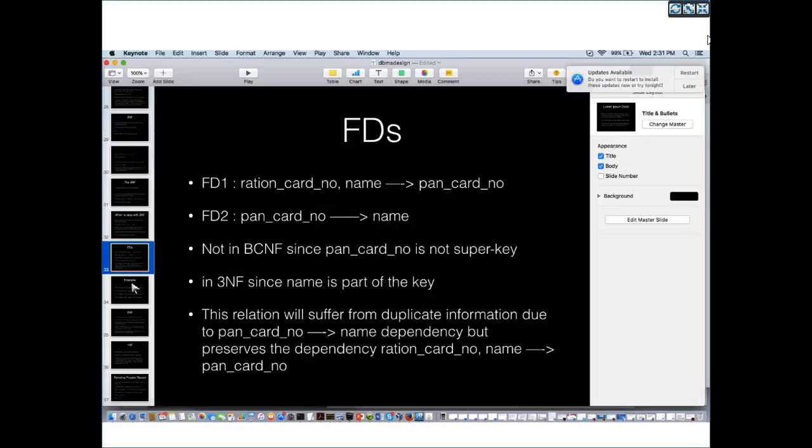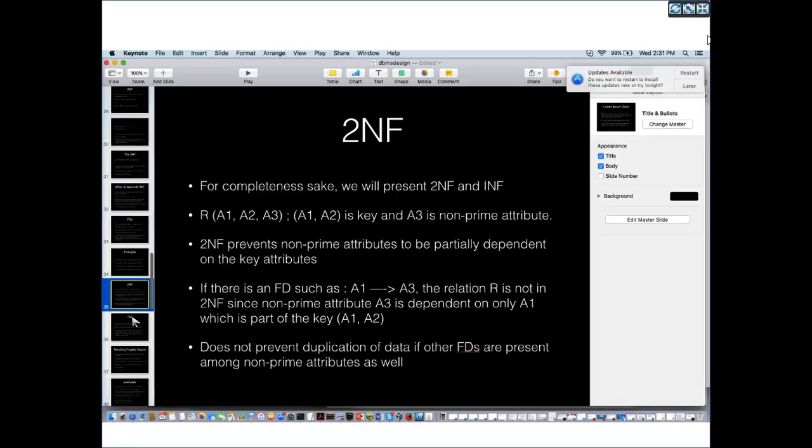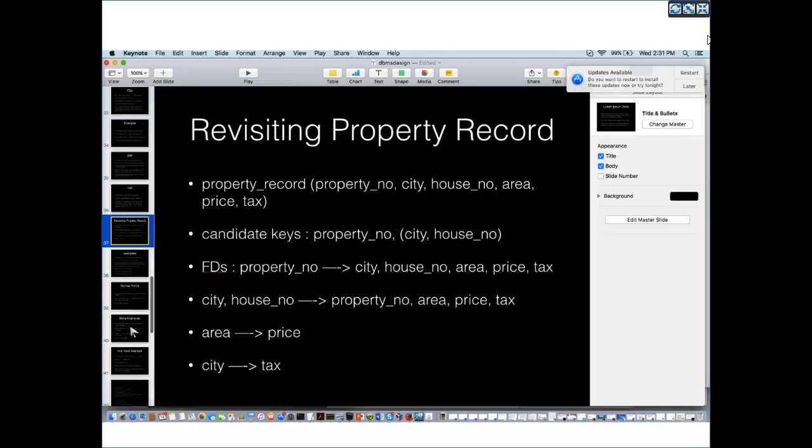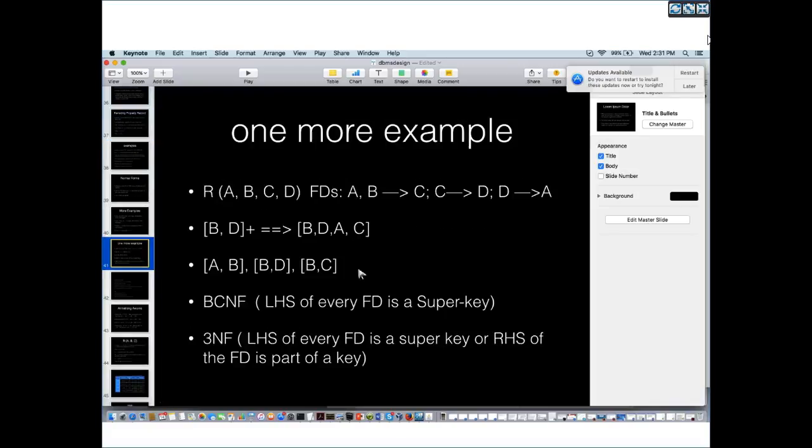Okay? Let us see one more example. This is a case where people are arguing, saying that this is determining C, C is determining D. So, A is determining D. Okay?